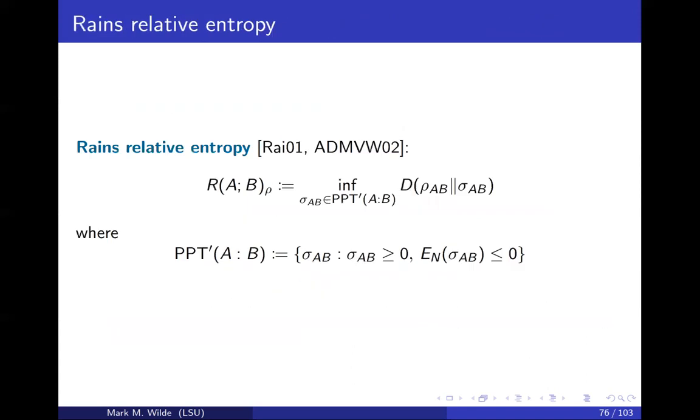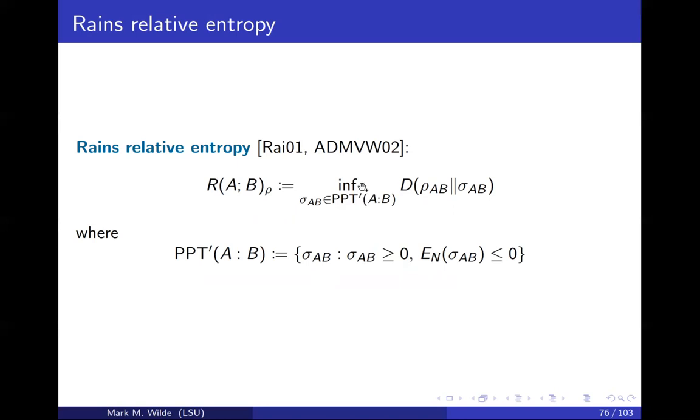Okay, so now what we're going to do is combine the concepts of log negativity and relative entropy of entanglement into a single entanglement measure. That's what Eric Rains did roughly 20 years ago after that other work on relative entropy of entanglement came out.